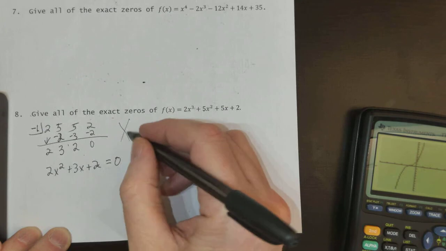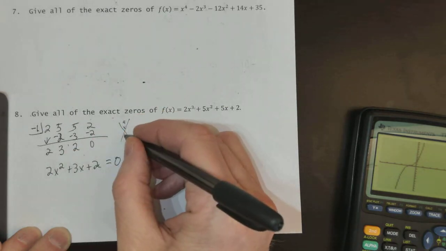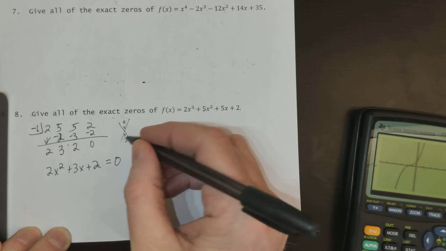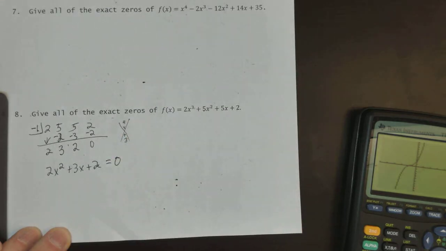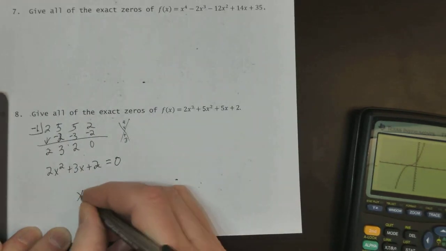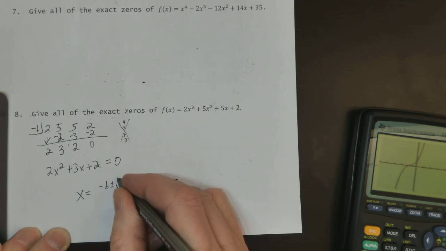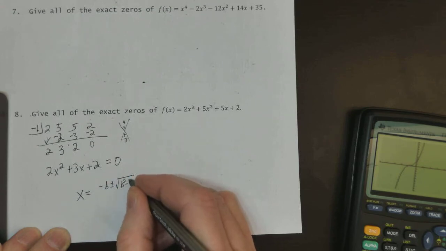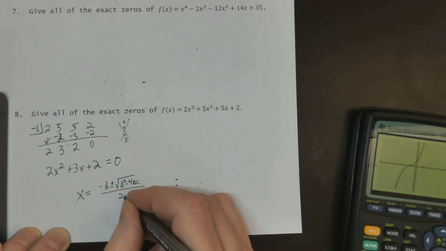I just was thinking real quick, if I multiply the 2 and 2 together to 4, what multiplies to that and adds to 3? And if it's +4 and +3, I don't think anything will work. So I'm going to use the quadratic formula and have x equals -b plus or minus square root of b squared minus 4ac, all of that over 2a.